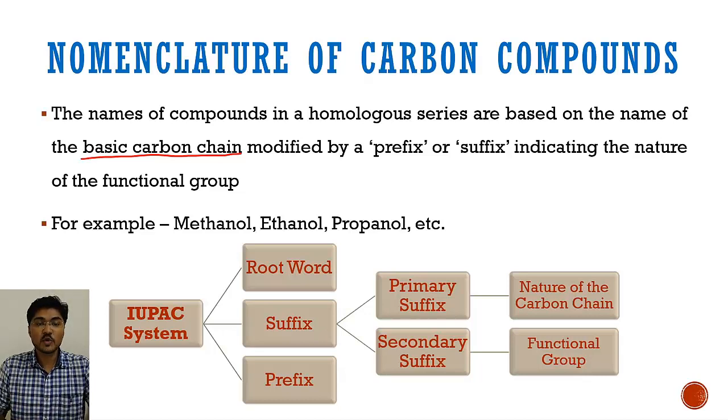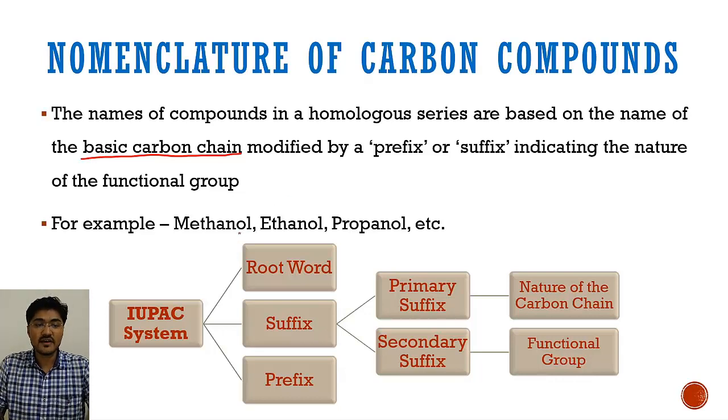And these root words, that is the basic carbon chain, are modified by a prefix or a suffix indicating the nature of the functional group that is present. For example, in alkanes, as I pointed out in the last session, we put the suffix ane, and hence we get methane, where ane is the suffix that we use.